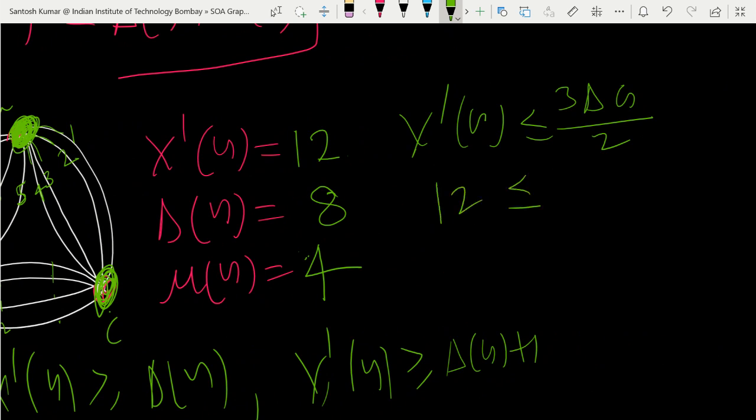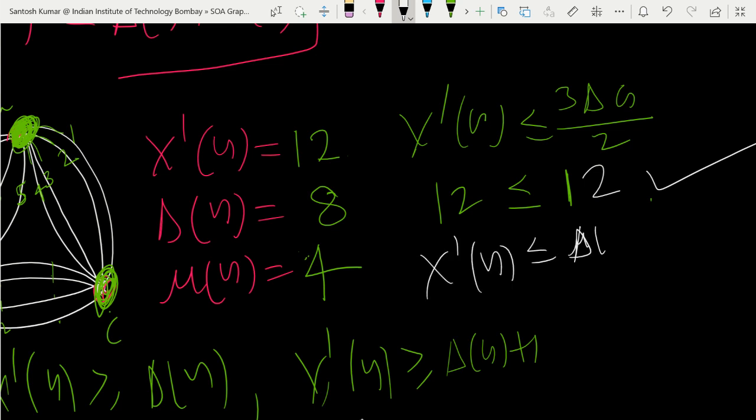So 12 is less than or equal to 12. Okay. And chi dash G is less than or equal to delta G plus mu G. So 12 is less than or equal to 8 plus 4. This also holds.